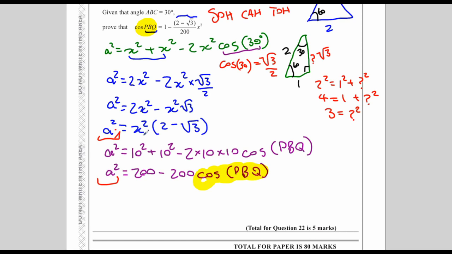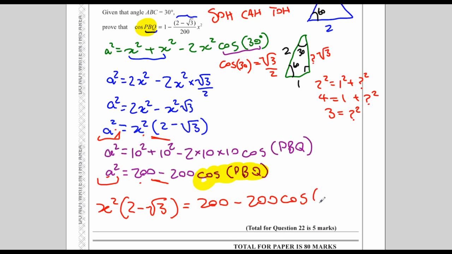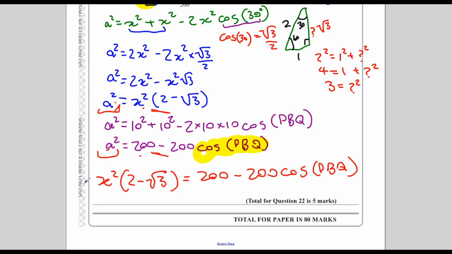So if that equals that and that equals that, then this whole thing equals this. x squared times 2 minus root 3 equals 200 minus 200 cos PBQ. Let's factorize the 200 out. 200 times 1 minus cos PBQ.